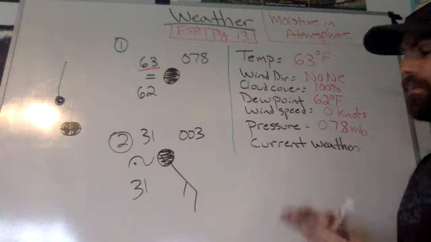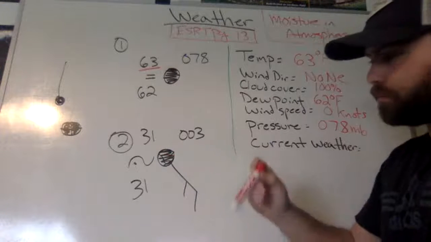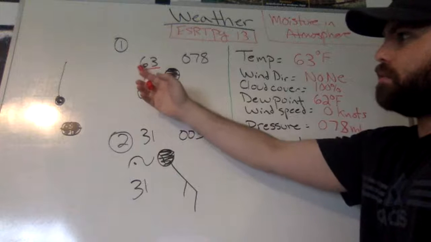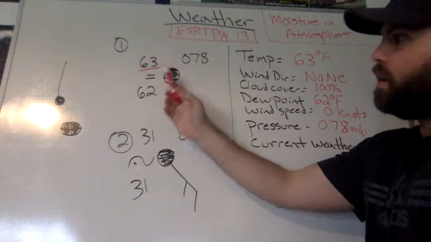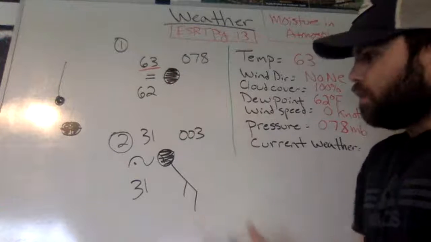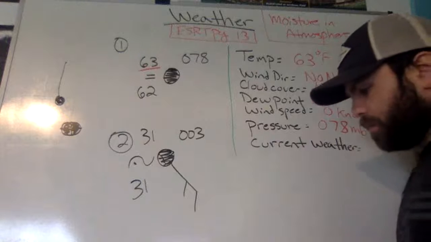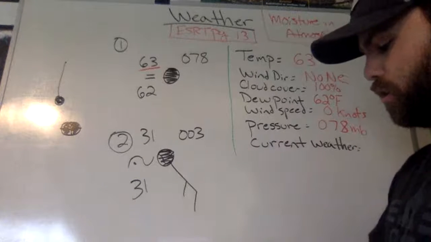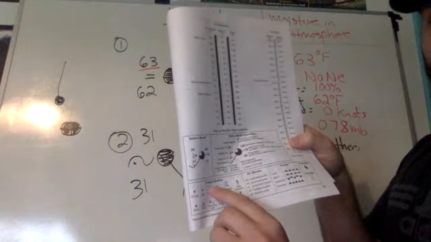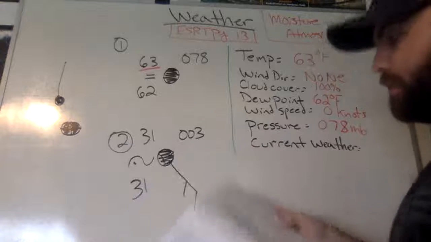Now, current weather. This one comes right out of the reference table. You'll notice on the left, in between temperature and dew point, there is this weird symbol. It looks like an equal sign. For the worksheet, they actually give you 3 of those lines. But you're going to look at the bottom left of your reference table where it says present weather, and look for that symbol.